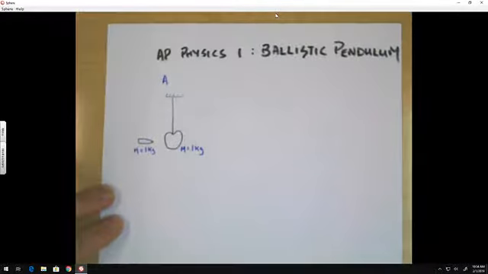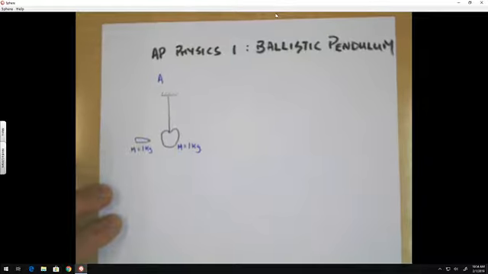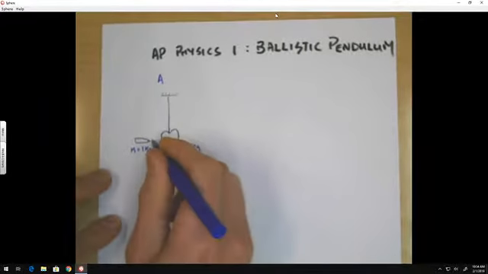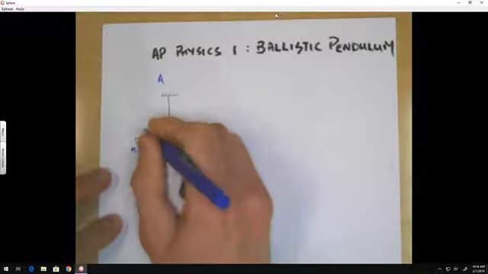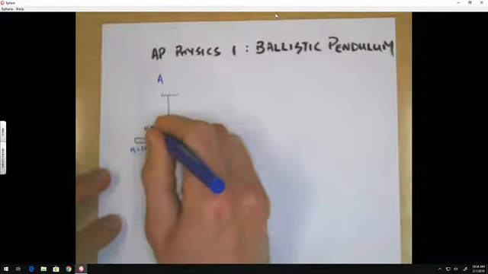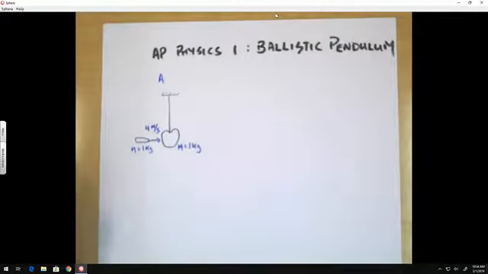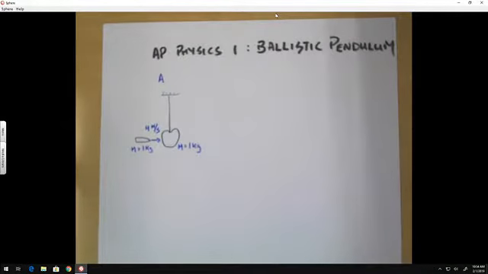And then I'm going to have to specify how fast this dart is moving. We'll say that it's moving at 4 meters per second to start with. And that gives us an idea of how fast this thing is actually going.